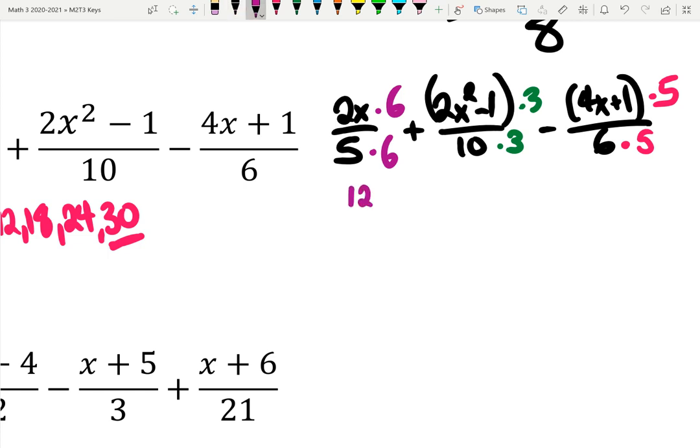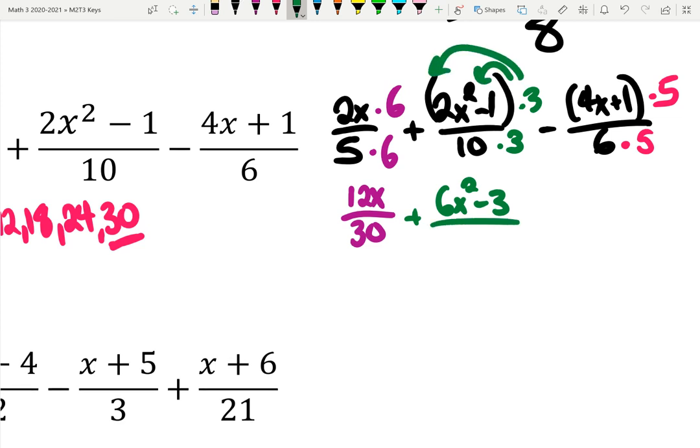This is going to result in 12x over 30. This next fraction is going to result in 6x squared minus 3 after I distribute the 3 to both parts over 30. I'm going to do the same, distribute the 5 to both parts. And then I'm going to remember that this negative is going to have to be distributed as well.